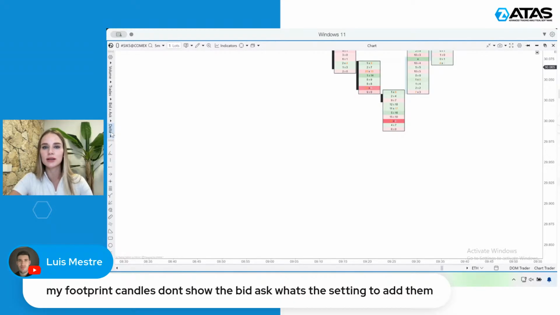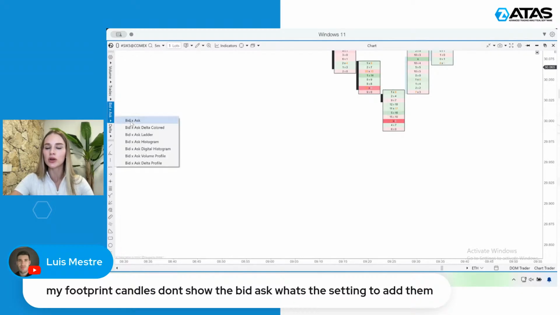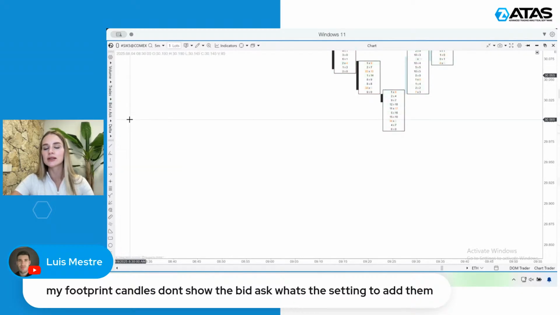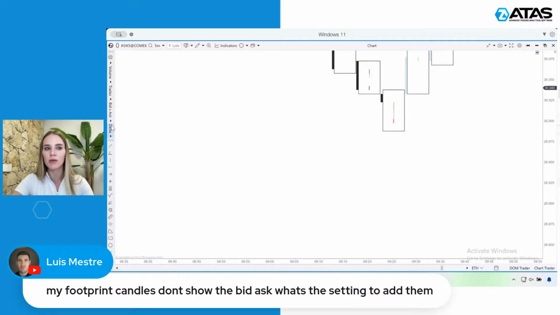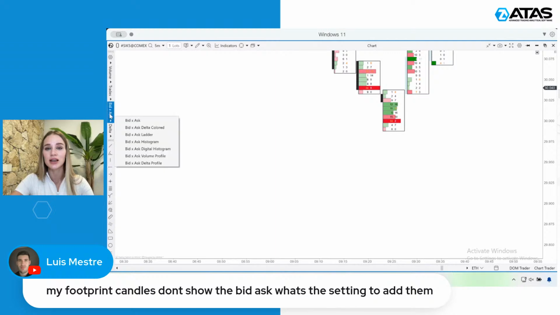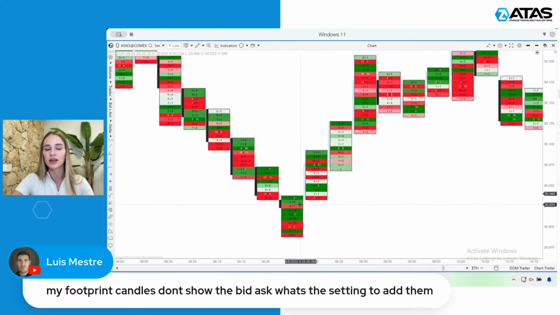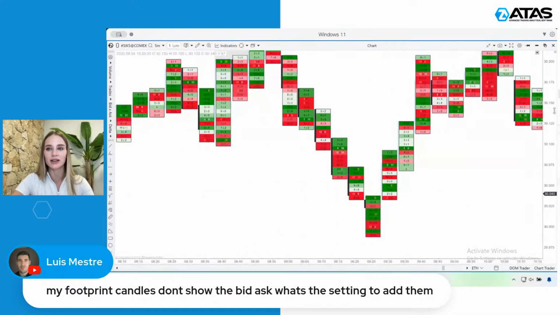If you want to see that bid and ask, you need to click on the bid x ask, and then you can select here bid and ask simply with an empty candlestick. Then you can see the delta colored depending on the disbalance between asks and bids. You can also see, for example, histogram, the ladder, and volume profile, and all of these kinds of things. I suggest using either the volume profile or the delta colored. That's the best thing that I can suggest.